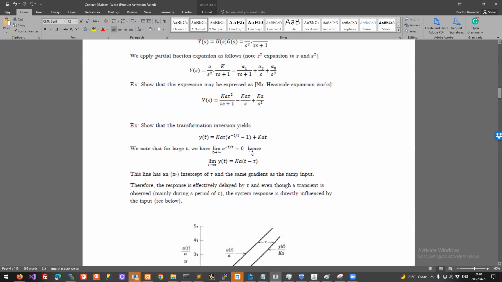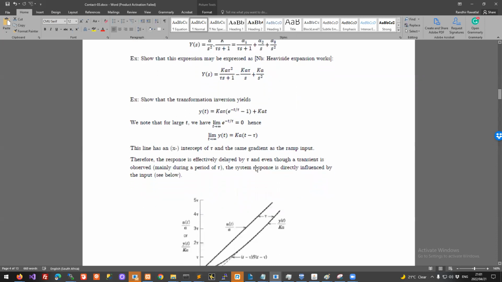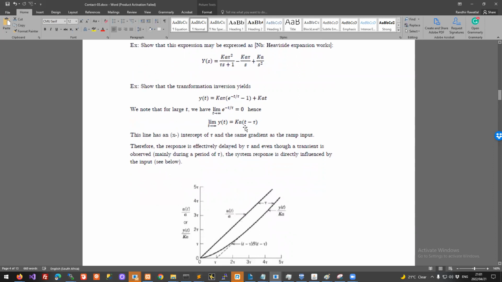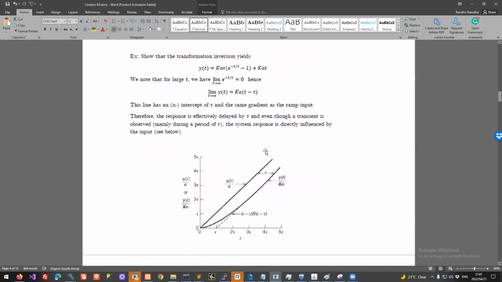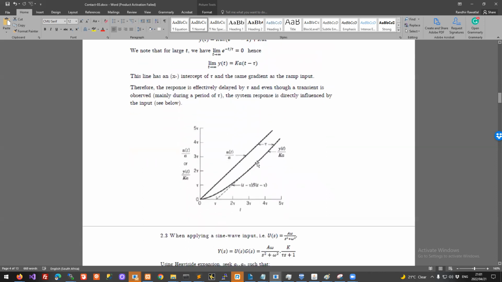And so if you use this limit, when t goes to infinity, that term disappears, leaving us with Ka times t minus tau. So you can see eventually you are going to get a gradient of Ka, and it's just that you'll be shifted to the right by tau. So that's the solution.